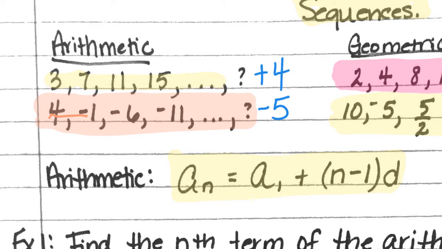So this formula is for arithmetic: a sub n is equal to a sub 1, that is the first term of the sequence, plus, don't forget that plus, arithmetic, there is addition, in parentheses n minus 1, that's the number of terms minus 1, times d, which is the common difference.